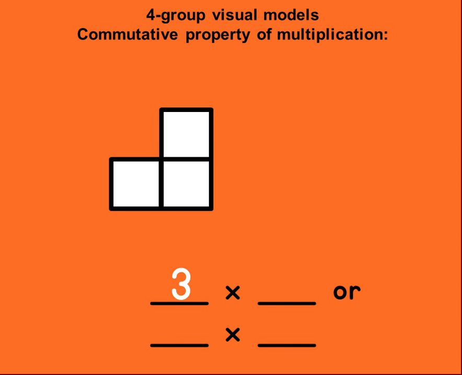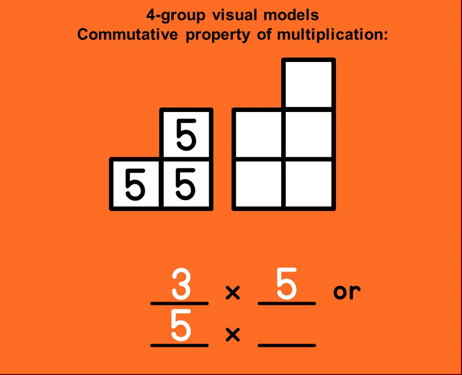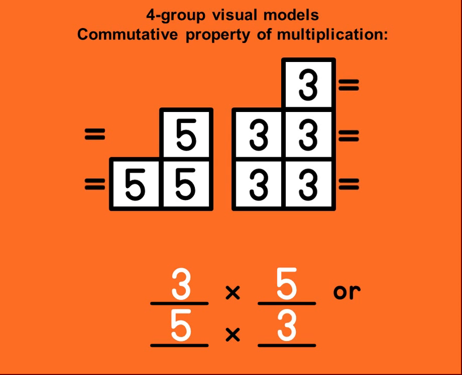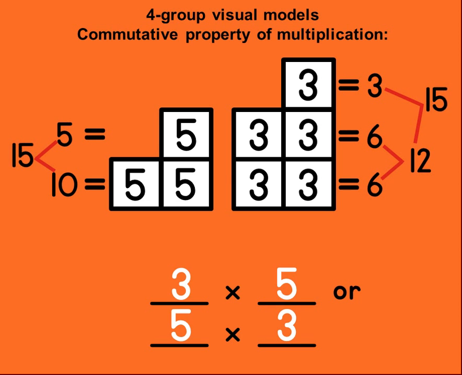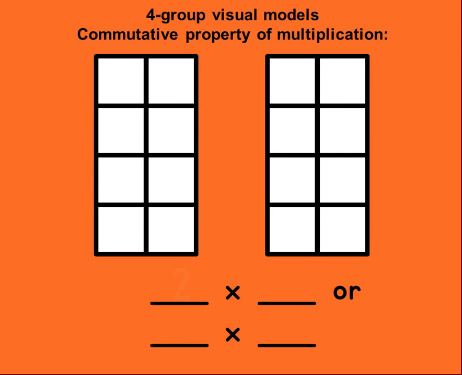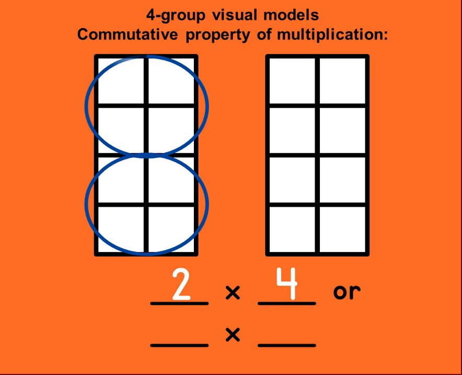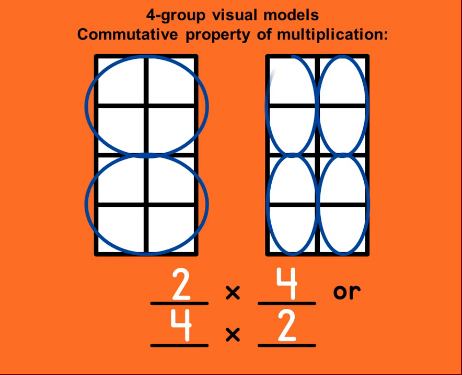This is what the 4-group model uses to show the same property. 3 groups of 5, or 5 groups of 3, are the same. Another way to show it is 2 groups of 4 is the same as 4 groups of 2.